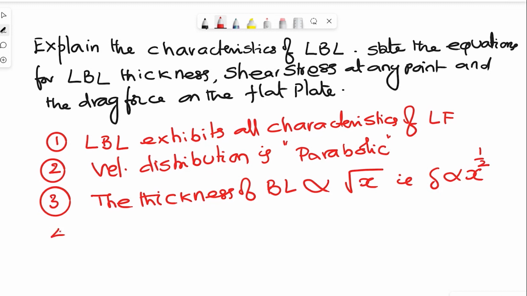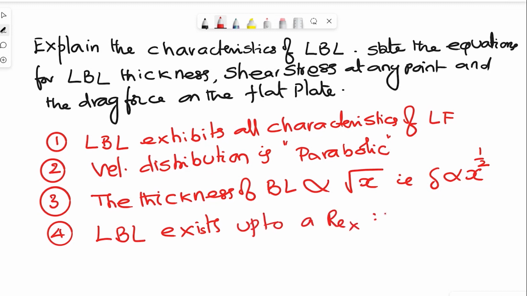That is the third point. The fourth point is laminar boundary layer exists up to a Reynolds number of 5 into 10 to the power of 5. Up to that, that is Vx by nu is equal to 5 into 10 to the power of 5.